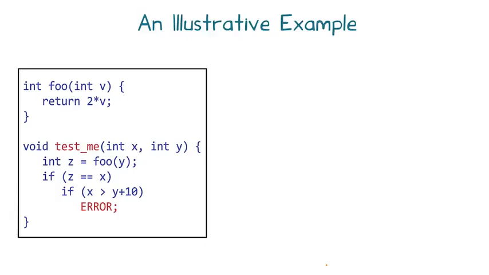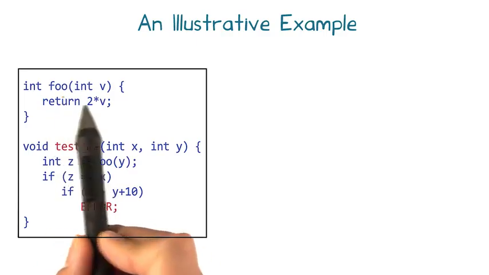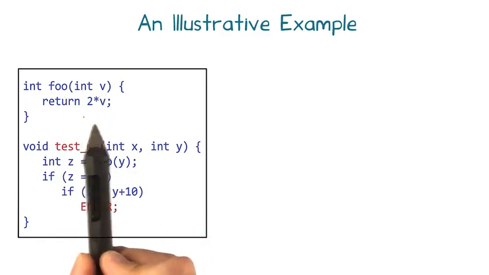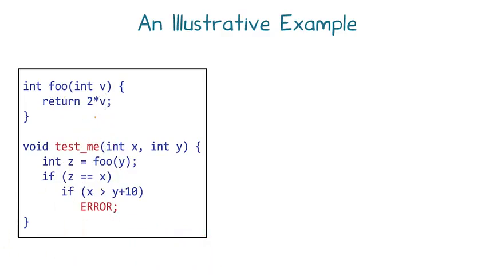Let's walk through an example of how DSE would identify failure-generating inputs to a function. In this example, we will be looking at the following functions: foo, which takes an integer v and returns the integer 2 times v, and the function testMe, which takes two integers x and y and has no return type.